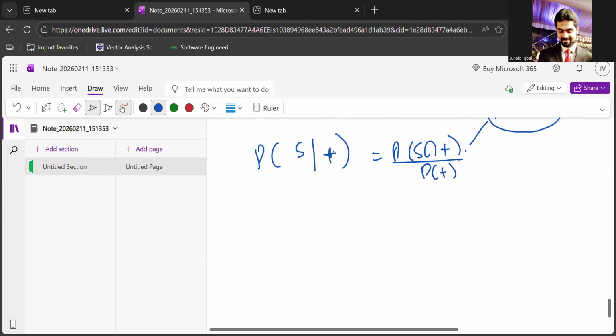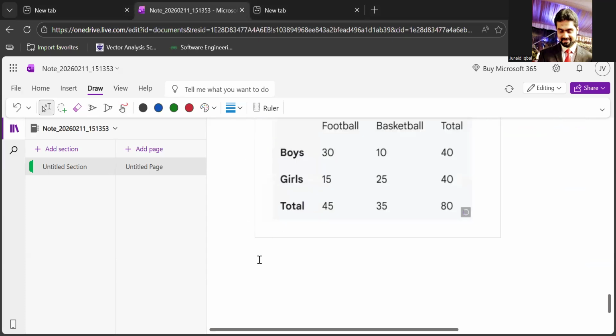Let's go through a few examples that would clear the concept more. Let me give you a table. This is a class in a school, and it has a distribution of boys and girls, categorized.